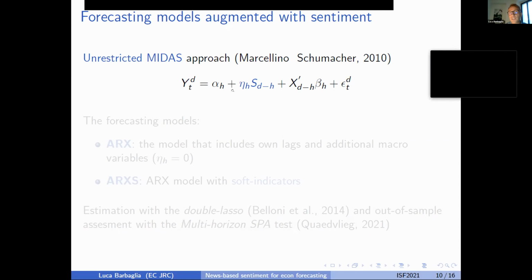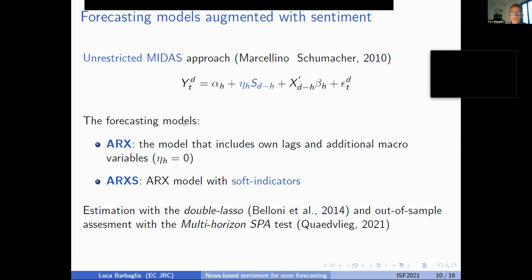What we are interested in here is the estimation of this eta, essentially. We will have two models: the ARX, where eta is 0, so the model without soft indicators, and then the proposed model, which we compare against the benchmark, where eta on the other hand is present.